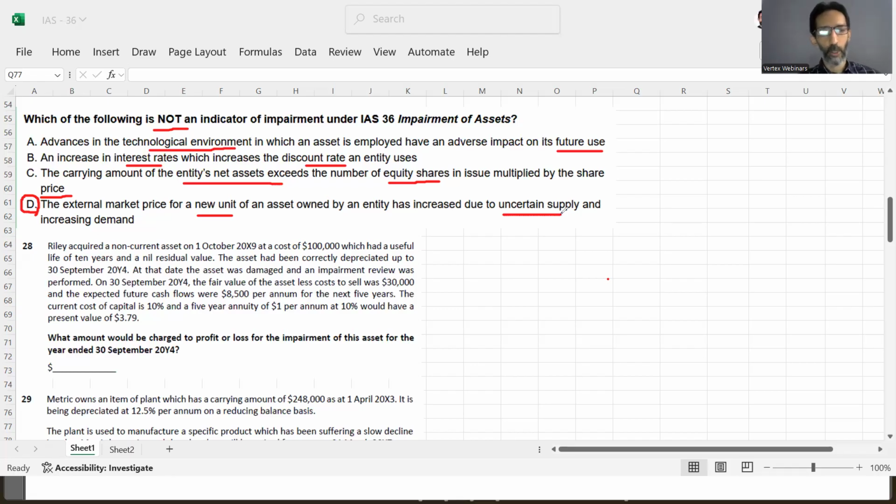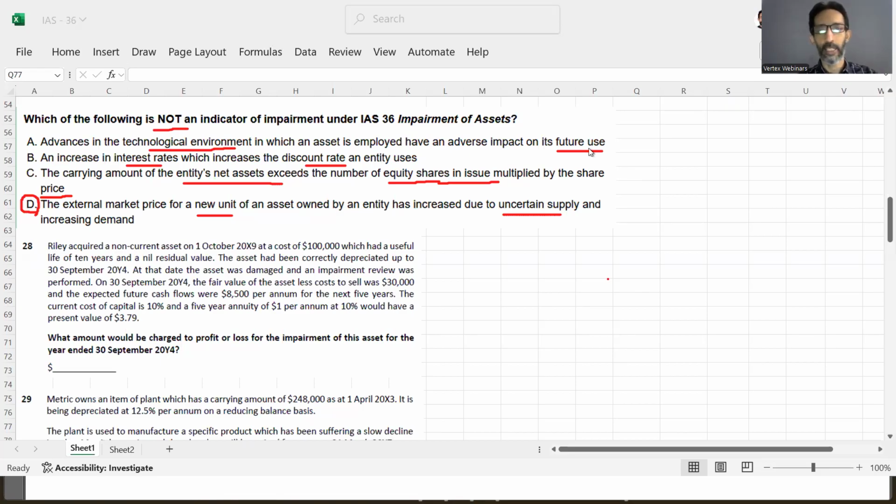Let's look at option C again. The value of the entity is based on the number of equity shares that they have issued, and we multiply them with the share price to calculate the market capitalization.